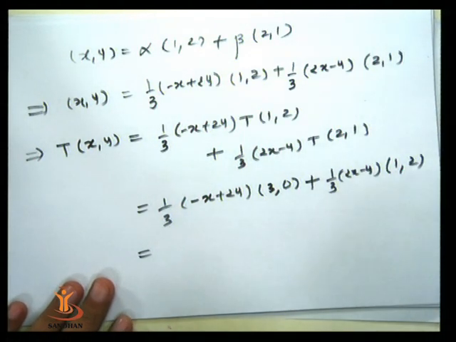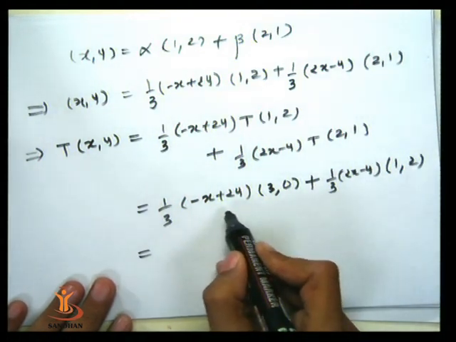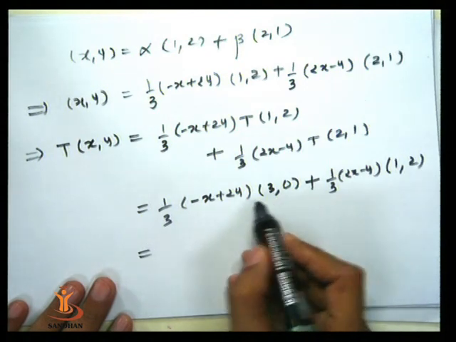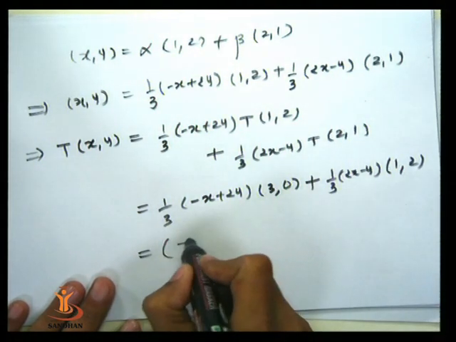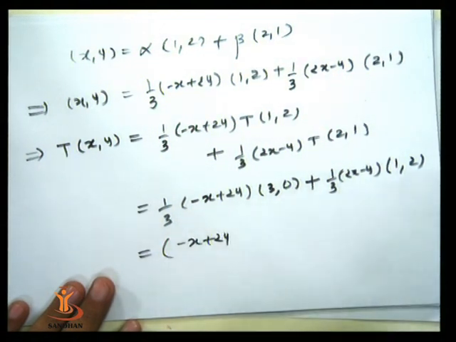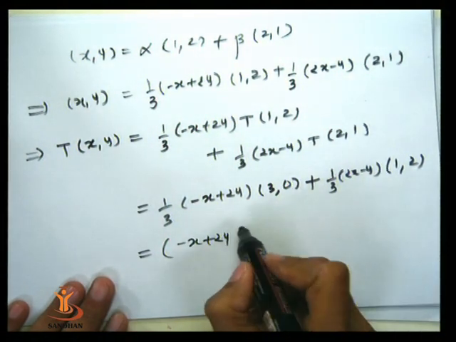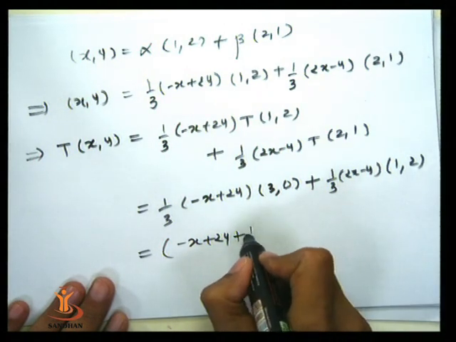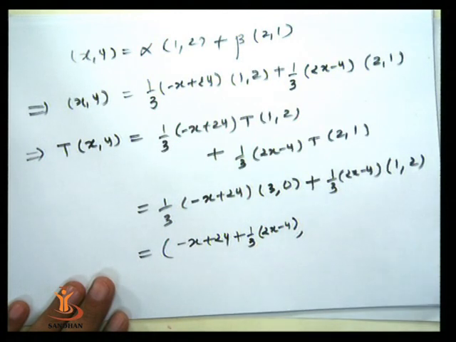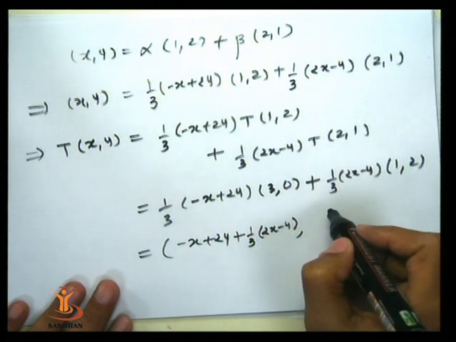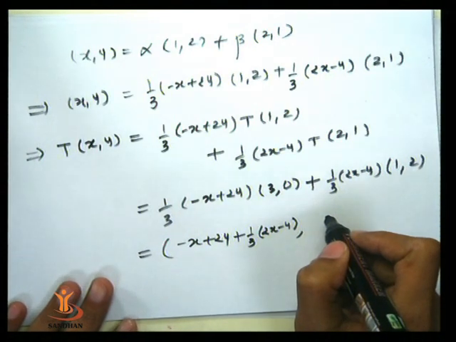So this is equal to 1/3 into this into 3, so 3 will be cancelled out. The first component is (-x + 2y) plus 1/3 times (2x - y). That is the first component of the resulting vector T(x,y).